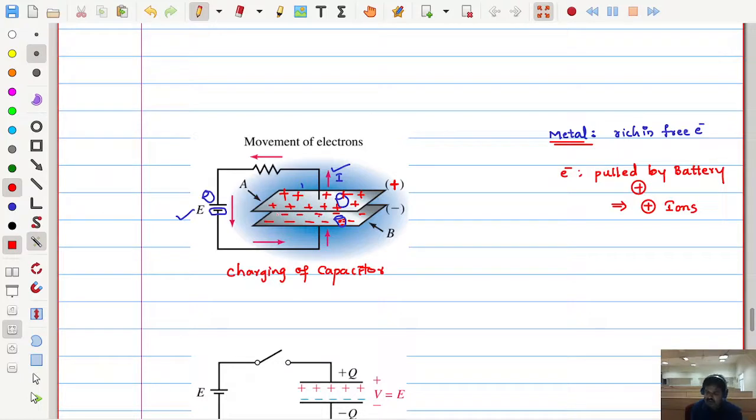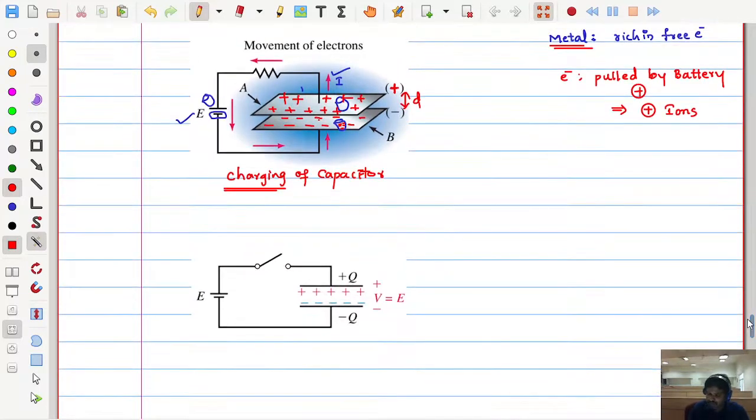To do this charge deposition, this battery has to do some work. Energy is given to these conducting plates which are separated by a distance of d. This energy giving process we call charging. Who is giving? The battery is giving the energy to the capacitor.